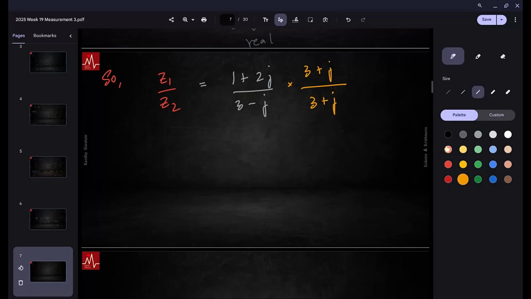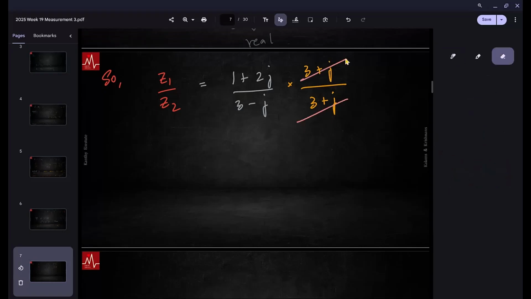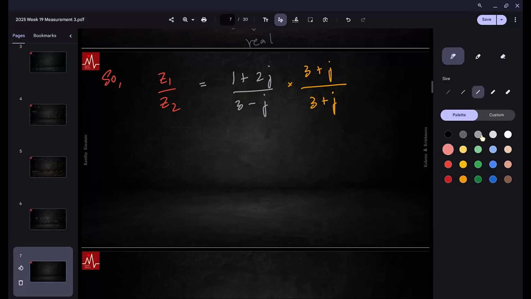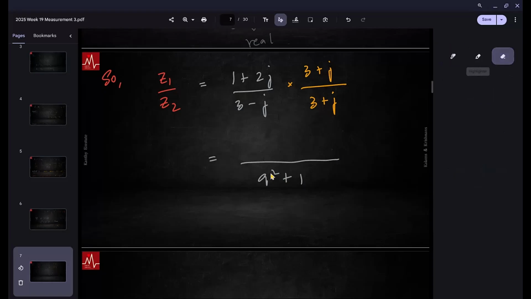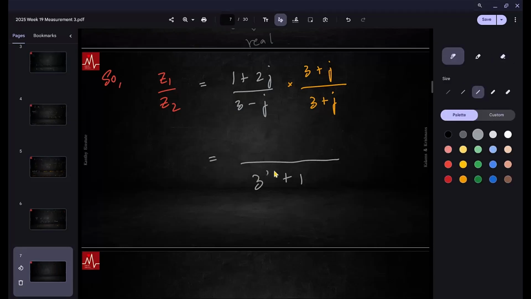On the whole, there is no change, but with this the denominator becomes a real number. That's also fairly easy to write. The denominator now is 3 square plus 1 square. It's now fairly easy.